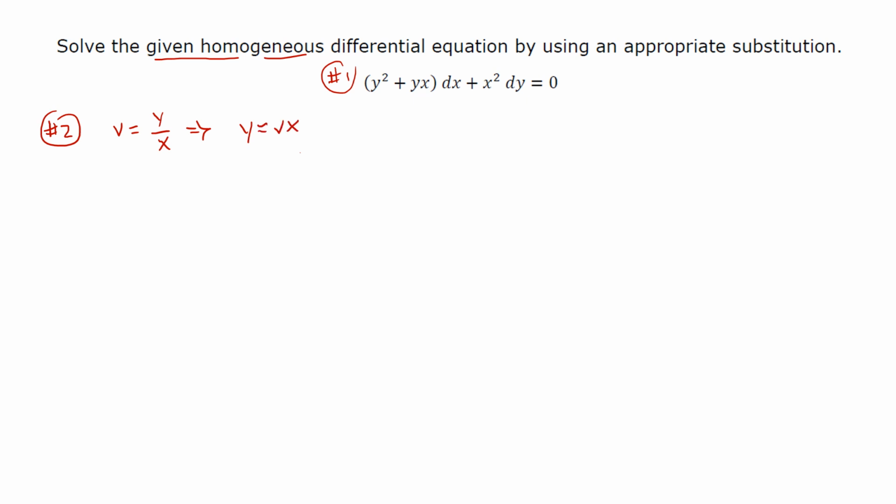We're going to differentiate both sides using the product rule, and we're going to substitute the differentiation into our equation. So we have our equation, so let's write that out.